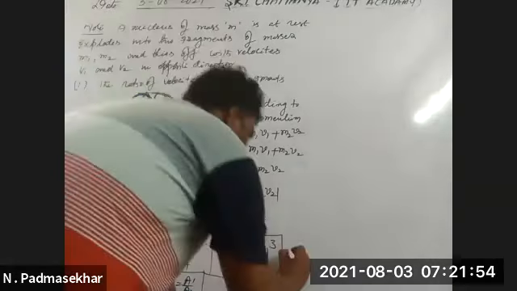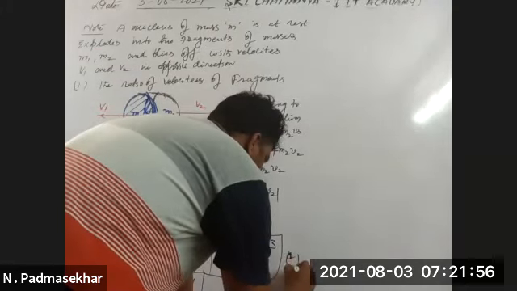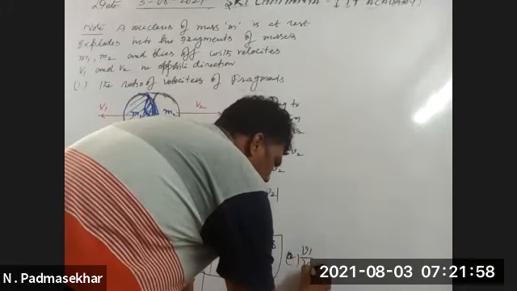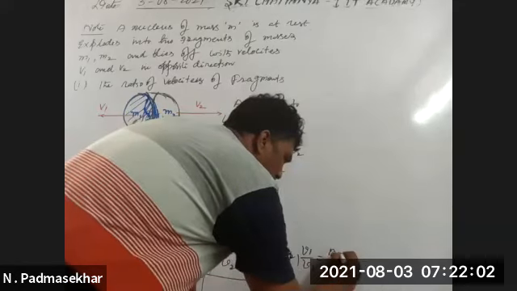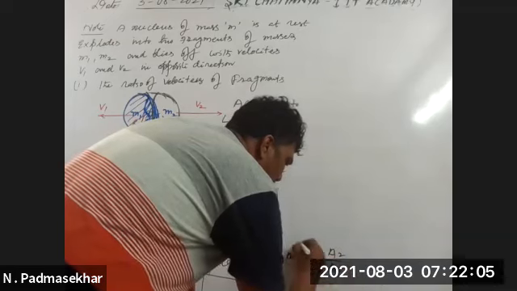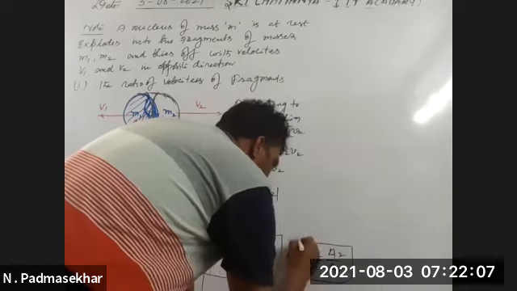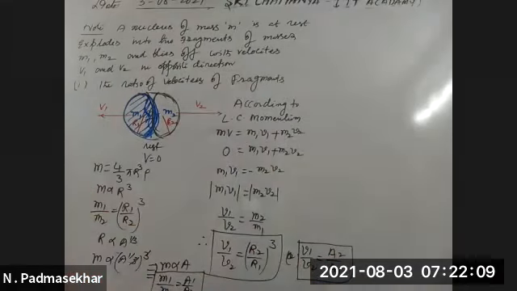If the mass number is given, then v1 by v2 is equal to m2 by m1, which is nothing but a2 by a1.